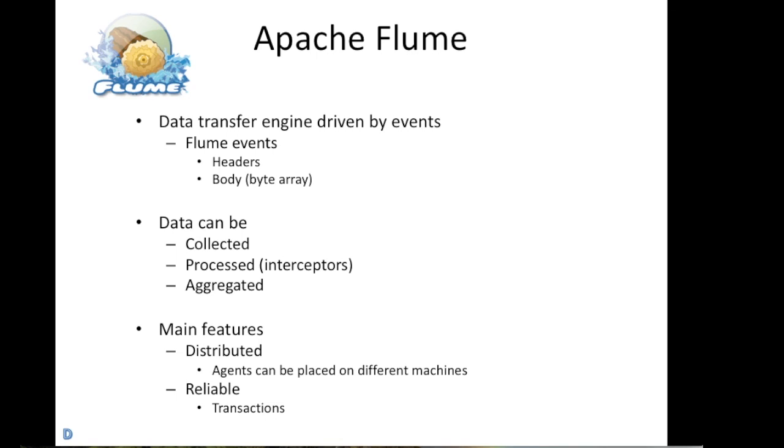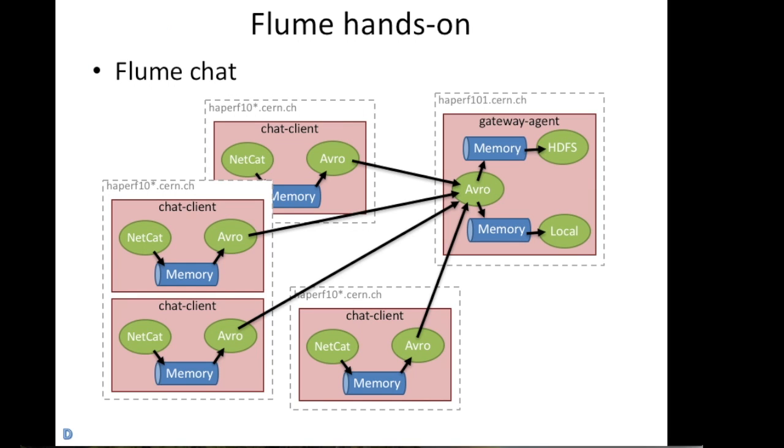The first one that we are showing today is going to be a chat, where every client will use a Flume agent, and then we will have a main Flume agent, which we will call a gateway, that we will use to collect all the messages from all the events produced by the clients.